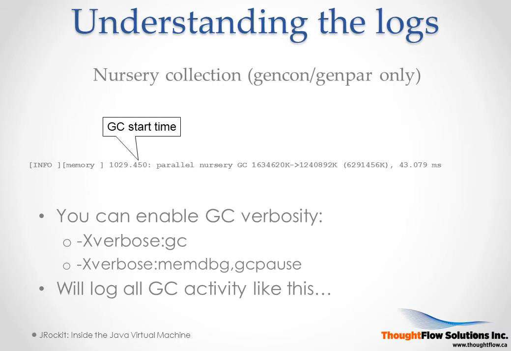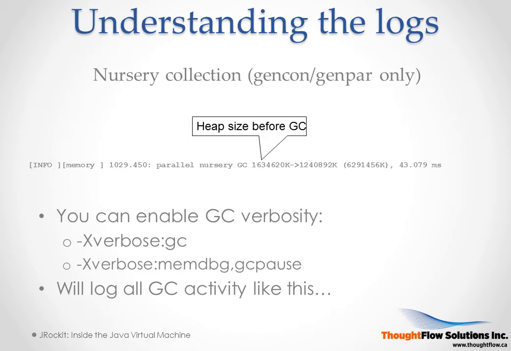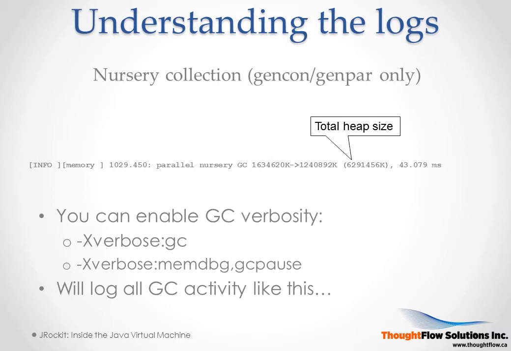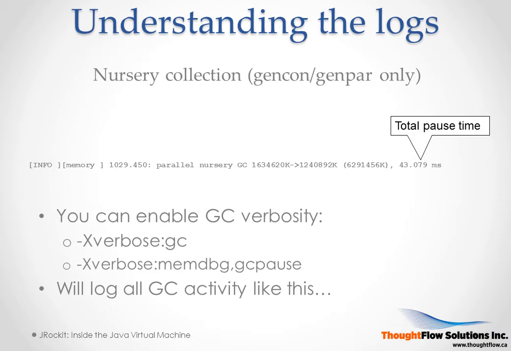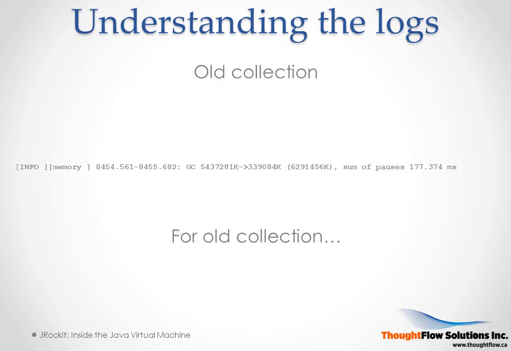This is the line that tells you when the garbage collection started since the beginning of the Java virtual machine start. This tells you the heap size before the garbage collection and after, and the total size, and of course how much time was paused. Now this is the time that the application was paused, not necessarily the time that the garbage collection ran. That's the important part.